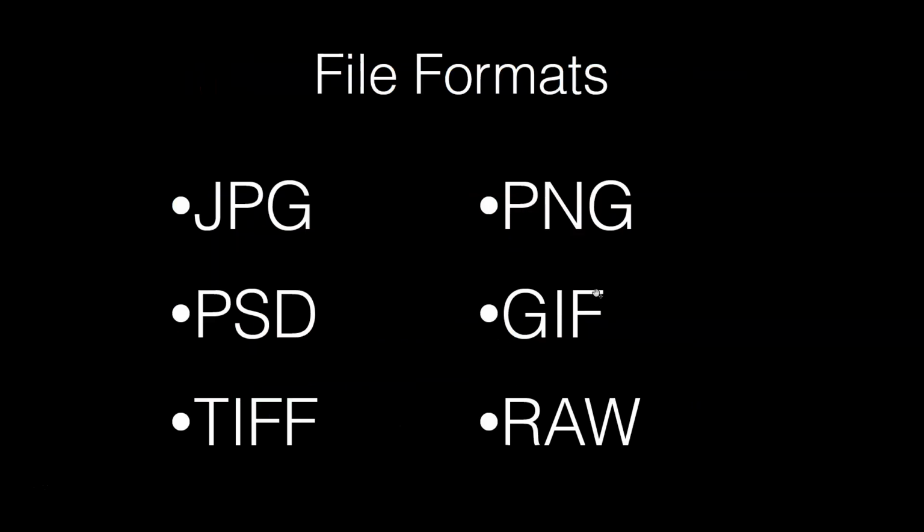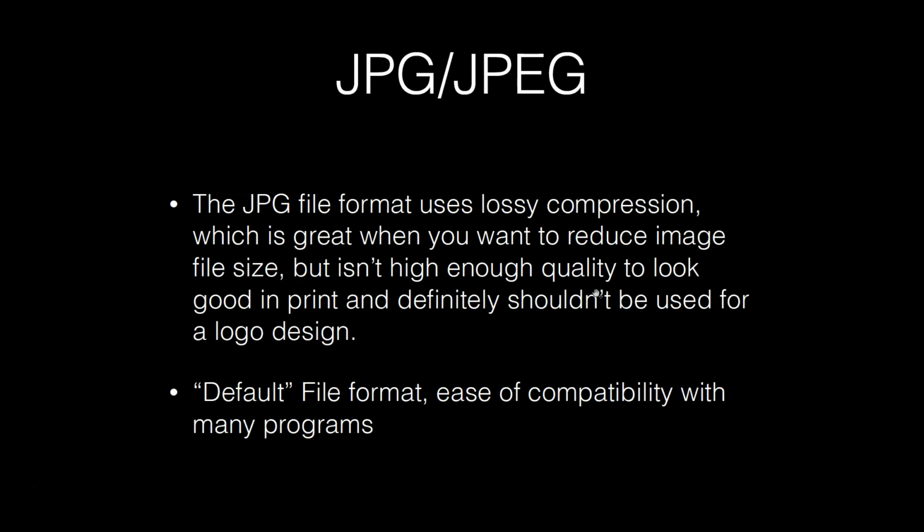We have different file formats. The most popular ones will be GIF, PNG, JPEG, PSD, TIFF, and RAW. Mostly we'll be using JPEG or PSD. Your JPEG and PSD are like your common file formats.